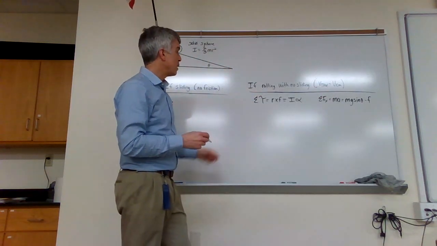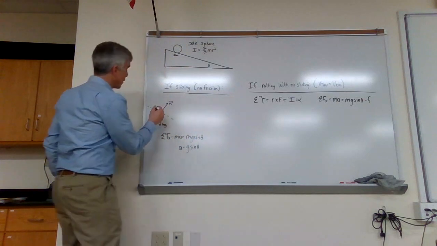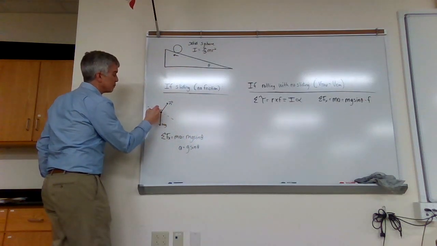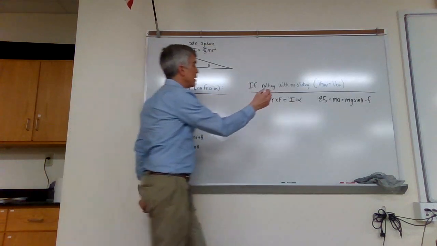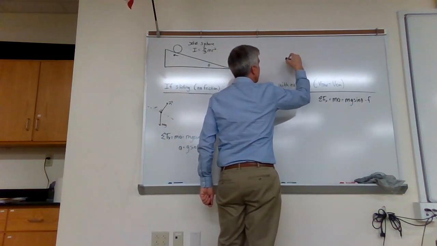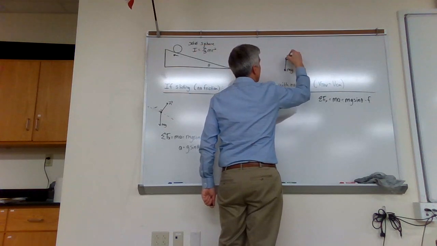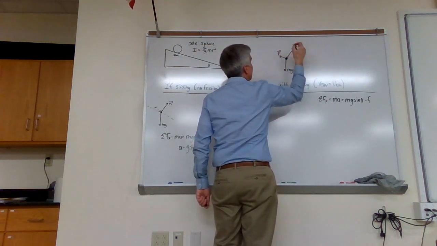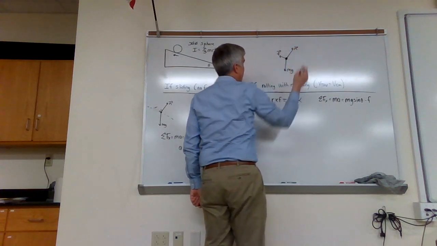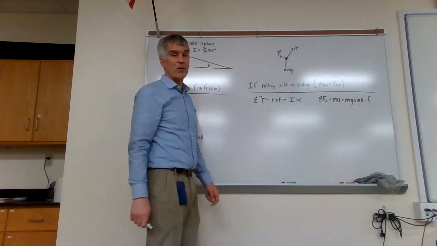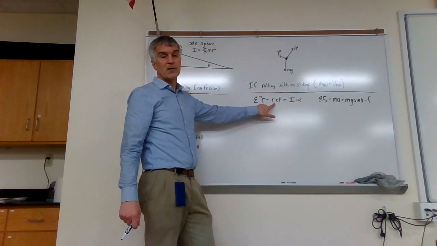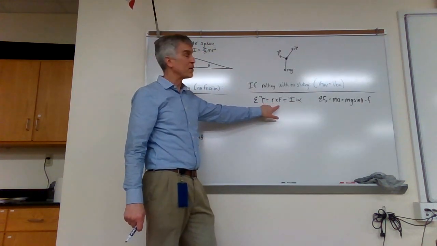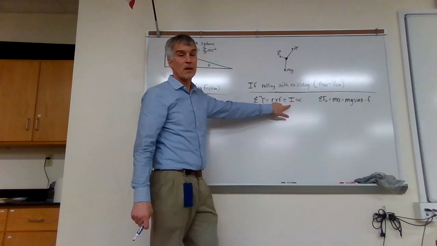All right, so if that's the case, if I add in a friction force here, actually I won't do it here. So if there is friction, we've got a gravitational force, we've got a normal force, now there's a friction force up the ramp. Okay, now first thing we want to recognize is that that friction force is applying a torque. So if we do the radius cross the friction force, that equals I alpha.